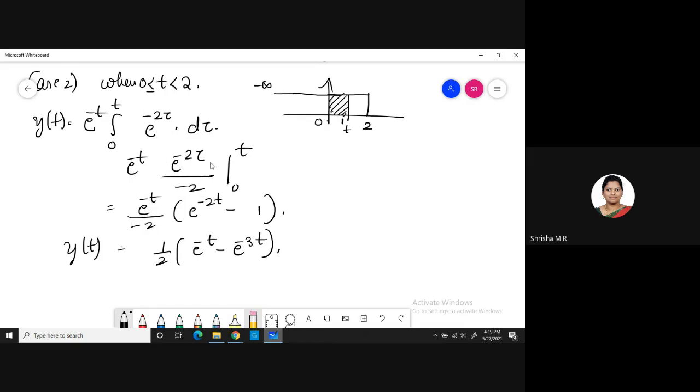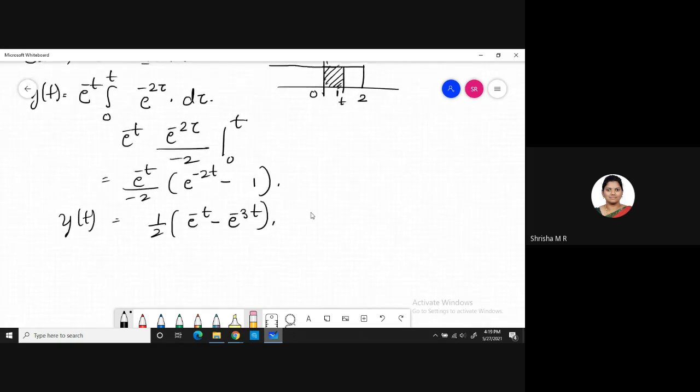For e power minus 2 tau, put the upper and lower limits. The upper limit gives e power minus 2t. The lower limit gives e power 0, which is 1. So I can write half into e power minus t minus e power minus 3t, because if you multiply e power minus t into e power minus 2t, you'll get e power minus 3t. Understood? Case 2, everyone?